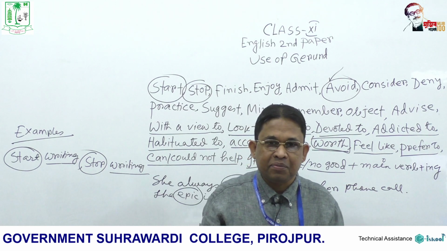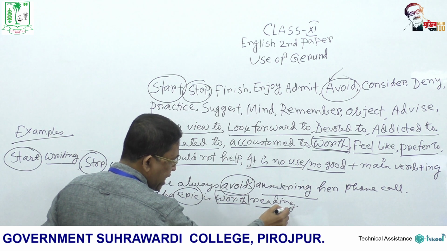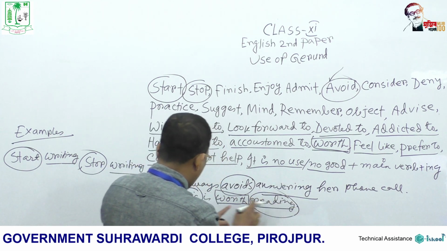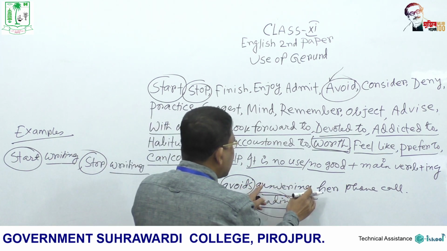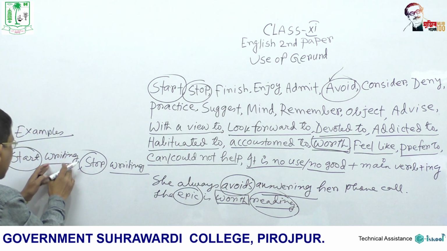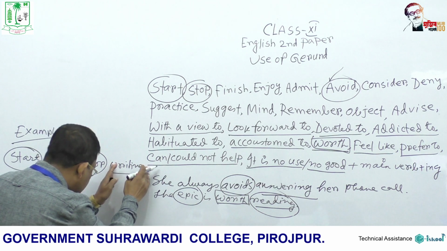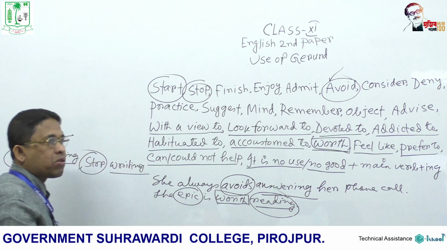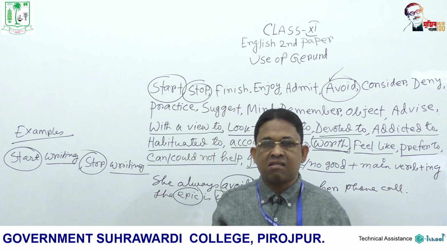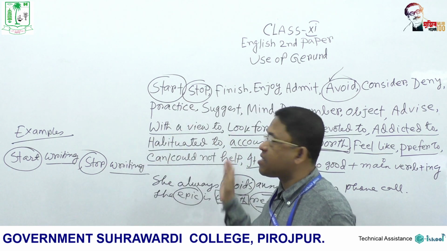After worth we have used reading, this gerund, because this is the direct object of worth. Answering is the direct object of avoid, start writing is the direct object of start, stop writing is the direct object of stop. So we are trying to explain here that some gerunds become the direct object of some verbs and phrases like this.